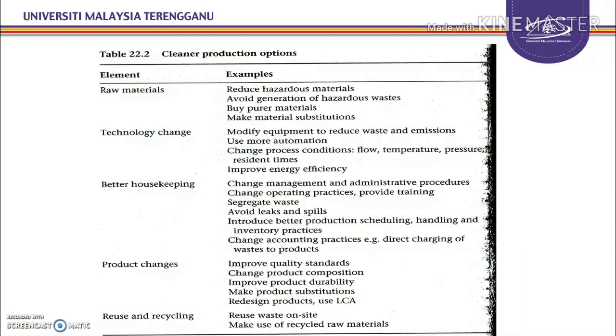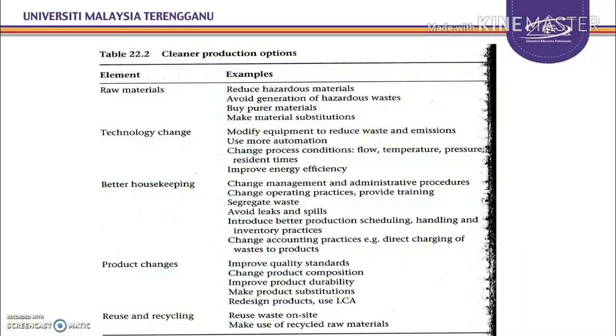And then the second one, the element for technology change. Examples of CP options are modify equipment to reduce waste and emission, use more automation rather than manual, change process conditions such as flow, temperature, pressure, and residence time, and improve energy efficiency.